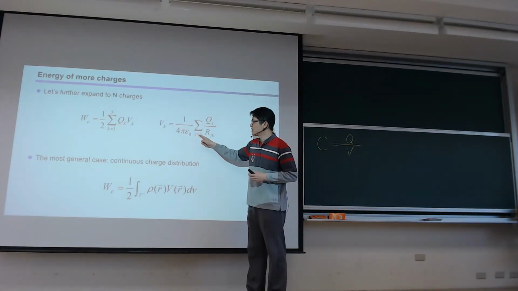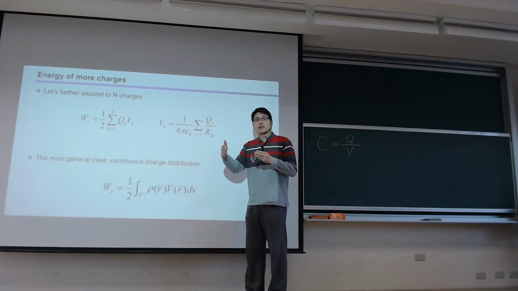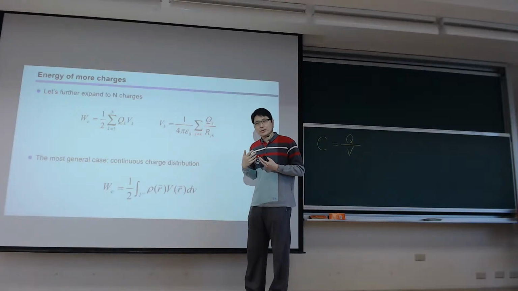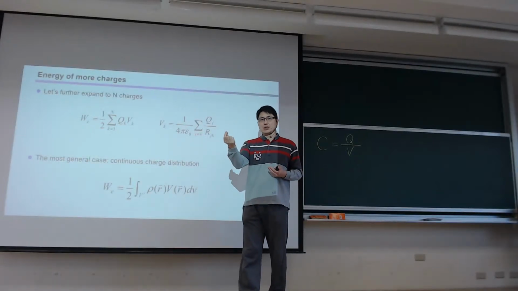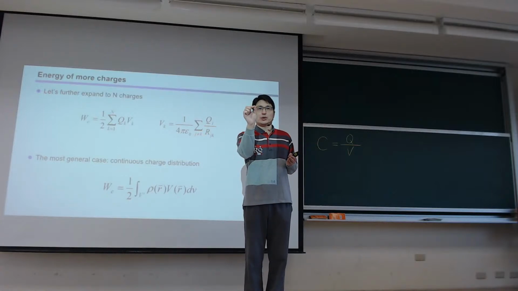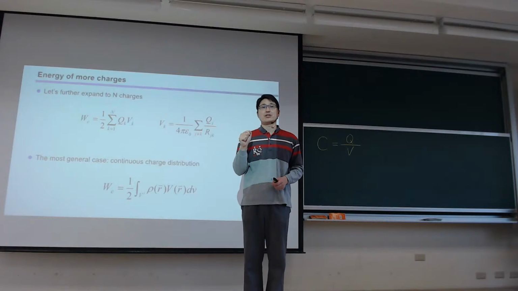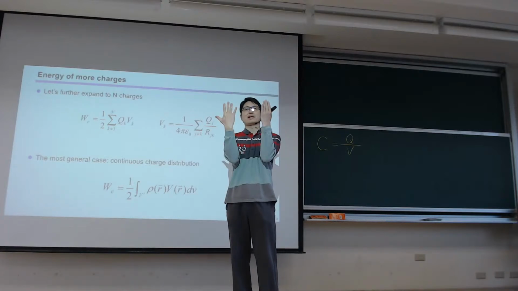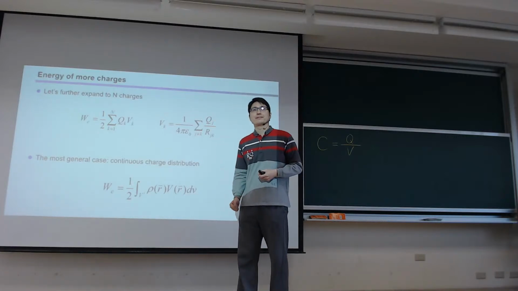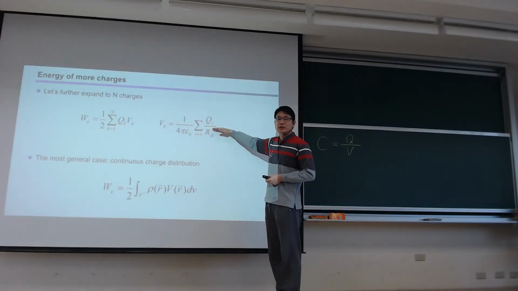So J does not equal K. So 1 to 4 and 6 to 10, right? So each charge in this case, assuming I have 10 charges, has to work against 9 potentials. Okay? So this is the generalized expression.